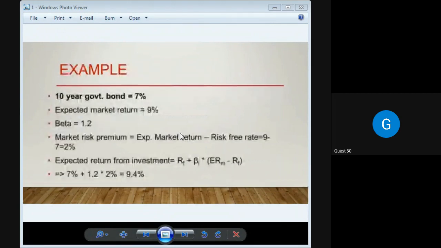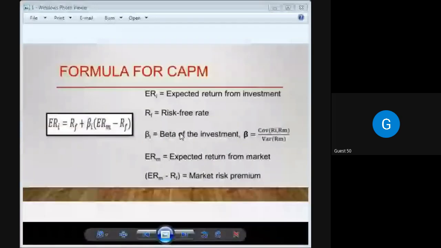So let's take an example. There is a 10-year government bond of 7%, the expected market return is 9%, and beta is 1.2. According to the formula, the expected return is the risk-free rate plus beta of the investment multiplied by the market risk premium.